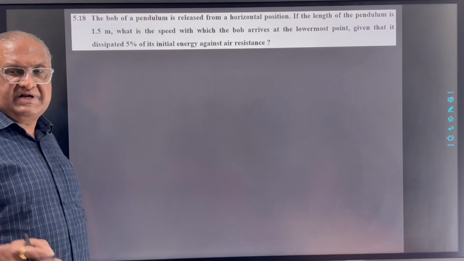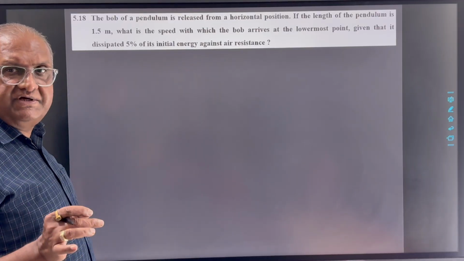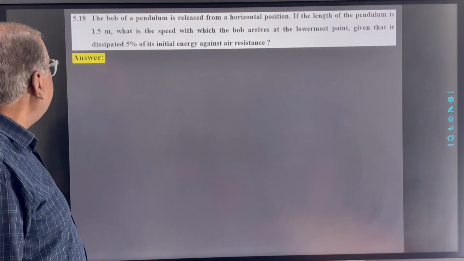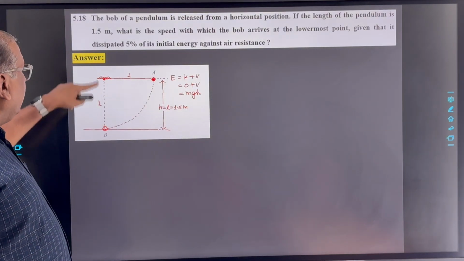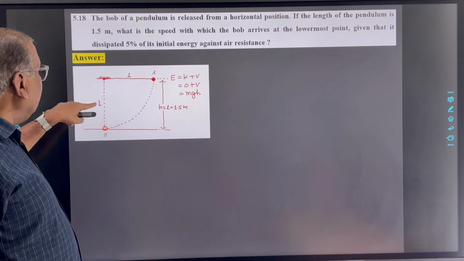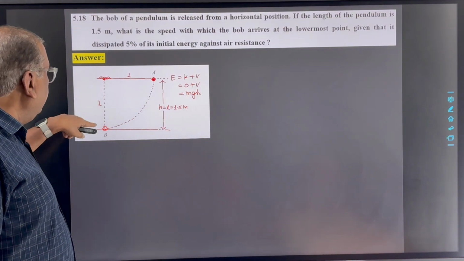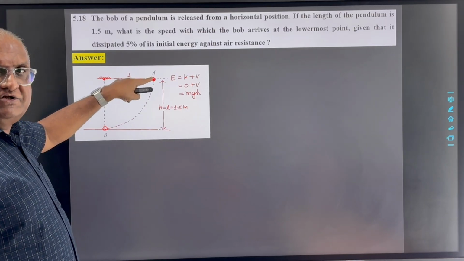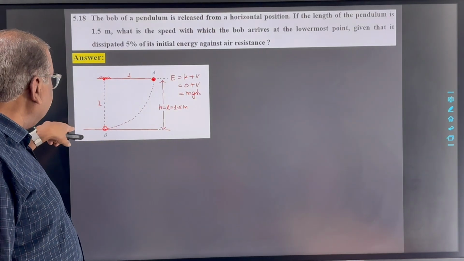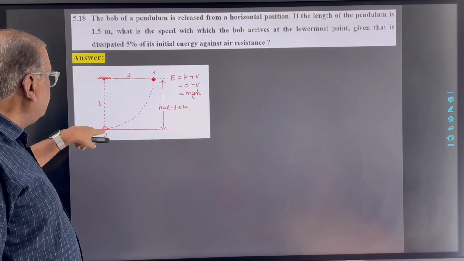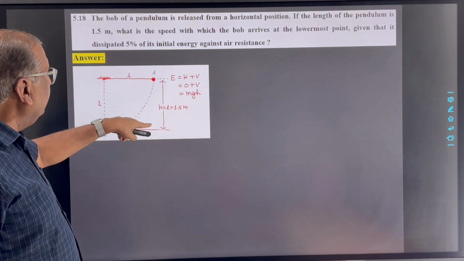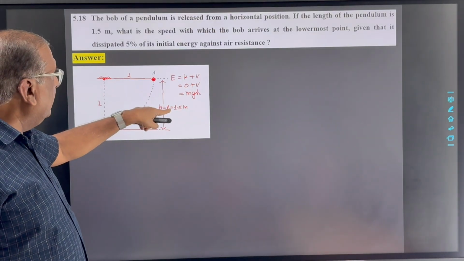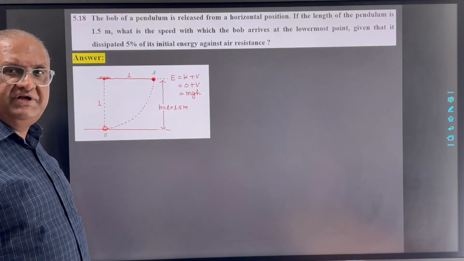So let's first try to understand the situation with the help of the figure. See, here the pendulum is with length L. When it is placed in the perfect horizontal position, with respect to the lowermost point, it is at height h, which is equal to the length of the pendulum, that is 1.5 meter.